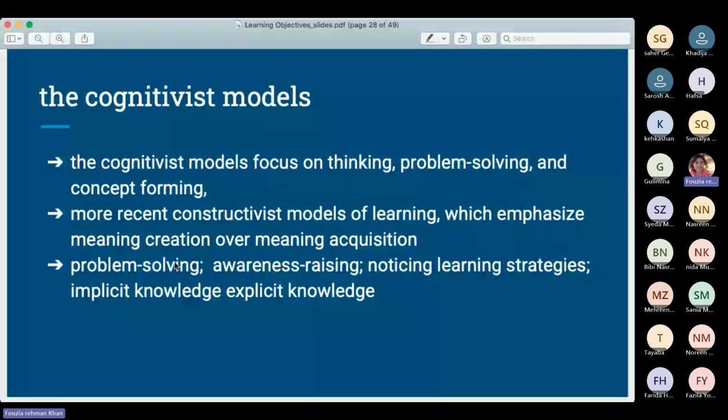Let me ask the question in the chat box. What is implicit knowledge?